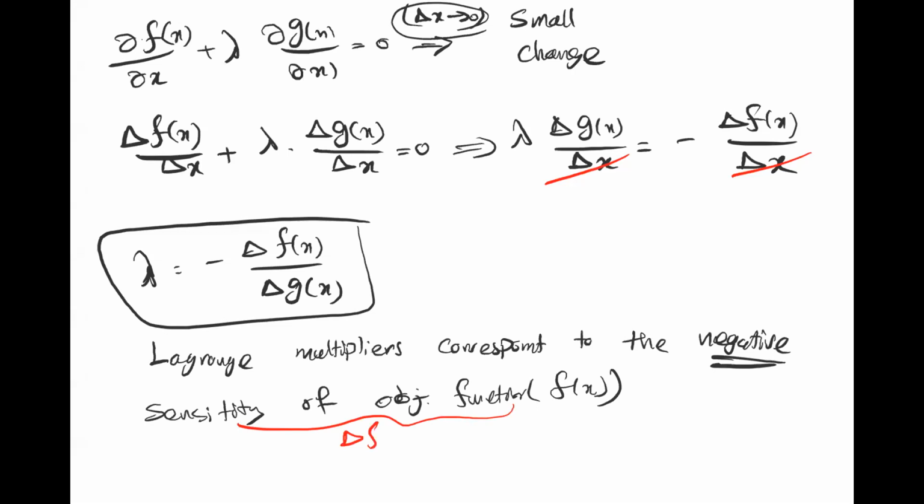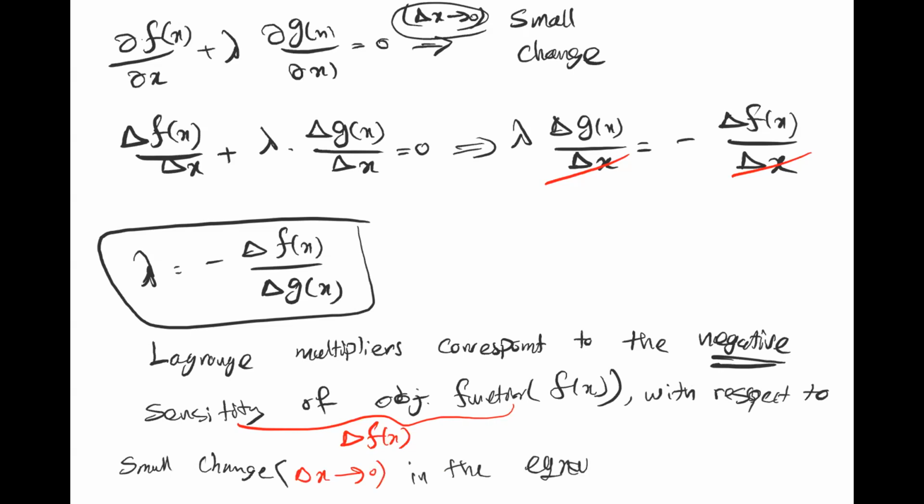It's delta f of x with respect to small changes. What's a small change? Delta x, which is close to 0, in the equality constraint. So what's the small change in the equality constraint? It's delta g of x.